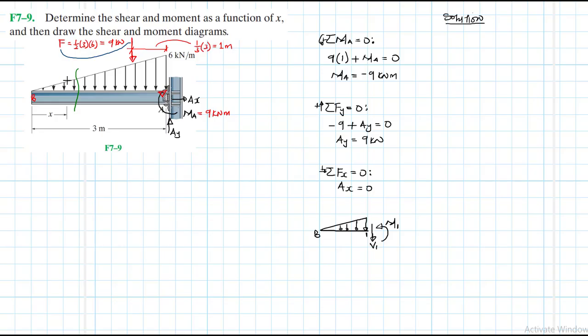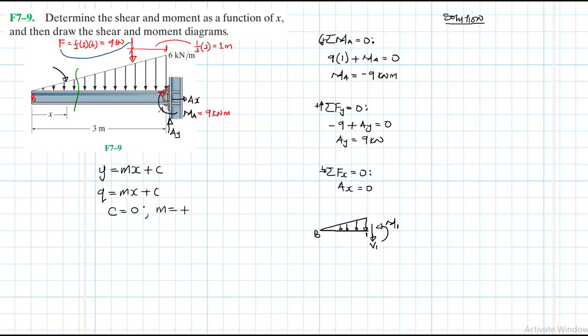The equation that governs this loading, we'll need to rewrite it in terms of y equals mx plus c. Remember this, the linear equation. Instead of y, we'll say q equals mx plus c. We know c is equal to 0. M is the gradient, which is just the change of y divided by the change of x.